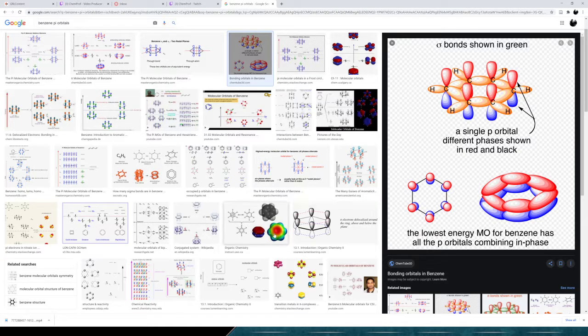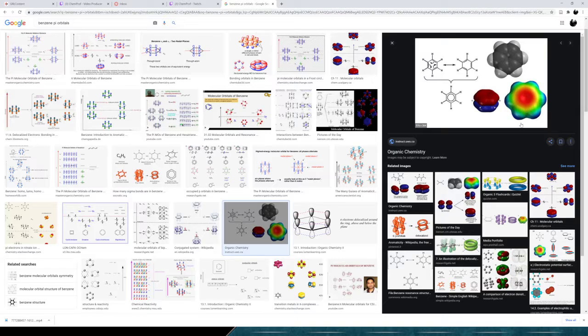And if we look at where the electrons are, this is called an electron density map here, we see that it looks like there's a little ring in there. And we can see that these electrons are going to be delocalized. They're free to zip around throughout this entire molecule, making it incredibly stable. So you're going to see in organic chemistry, benzene does not react unless you beat the hell out of it.